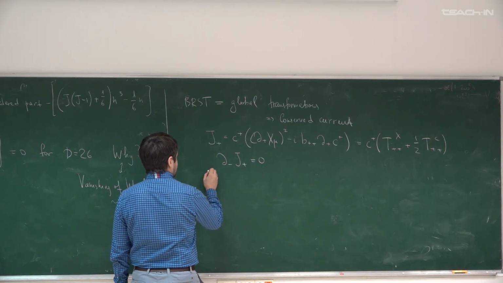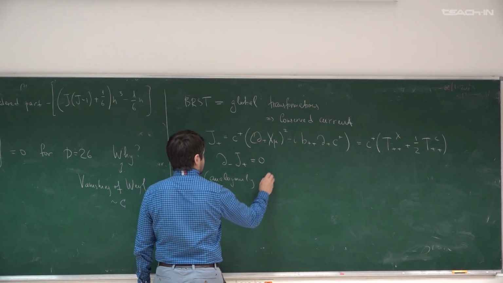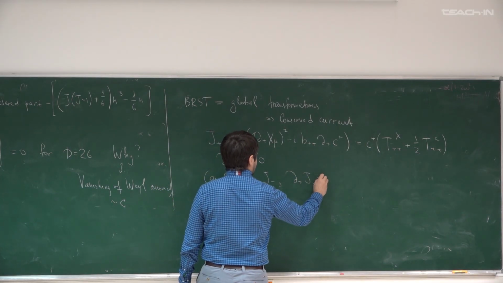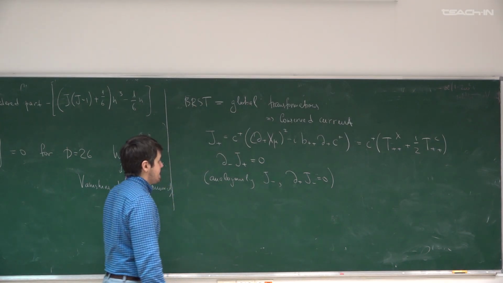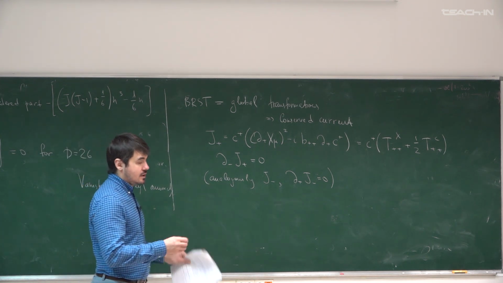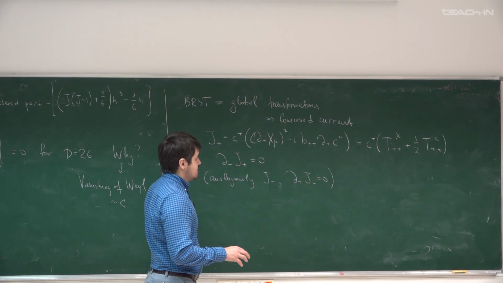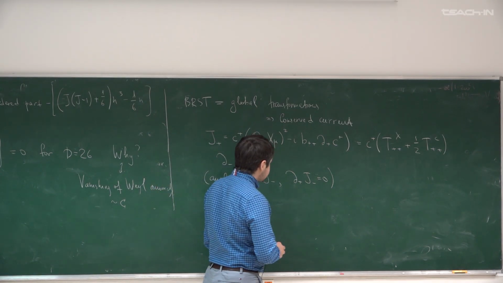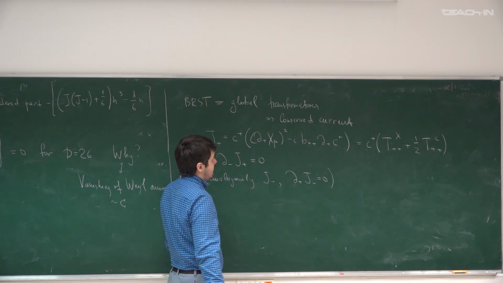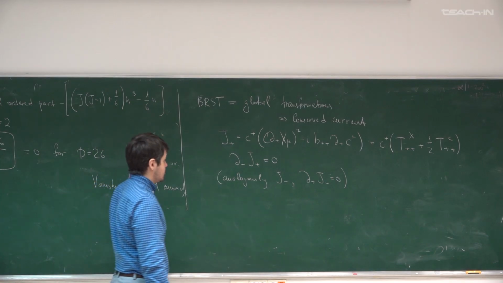Analogously, there is a J minus satisfying D plus J minus equals 0. It is a bit lengthy derivation, so we derive the BRST transformation. You take the free action, although it's a kind of simple free action, the transformations are somewhat complicated. So in the end, you get this cubic expression for the current.